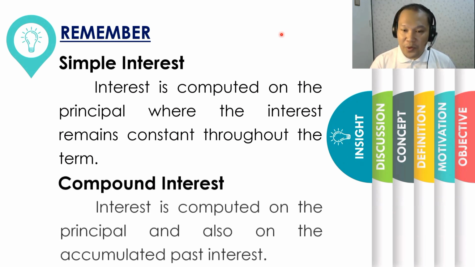While when we talk about compound interest, it is computed on the principal and also on the accumulated past interest. That's why regardless whether you are dealing with simple interest or compound interest, it is always important that you know how to differentiate between them.